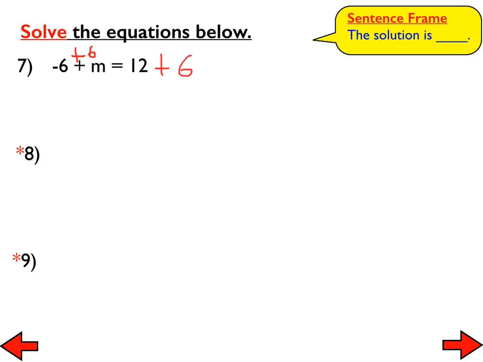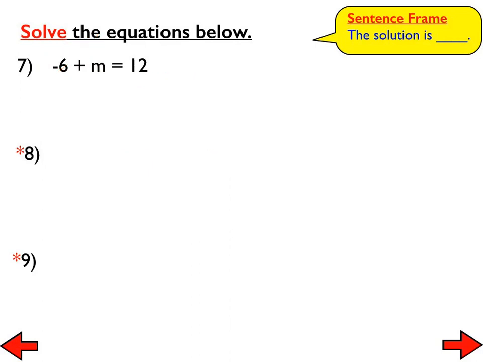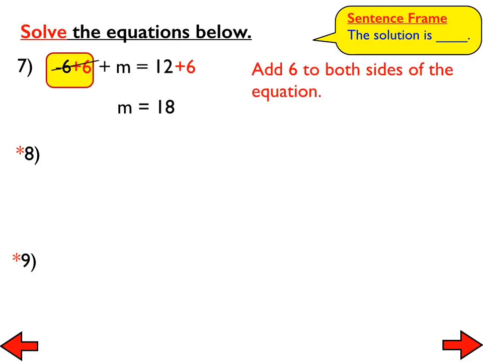Why add 6? Because those two things right there are opposites of each other. They're additive inverses of each other, however you want to look at that. And that would give us a solution of m equals 18. Everybody okay with that? All right. And you need to make sure that you show your steps. No steps, no credit.